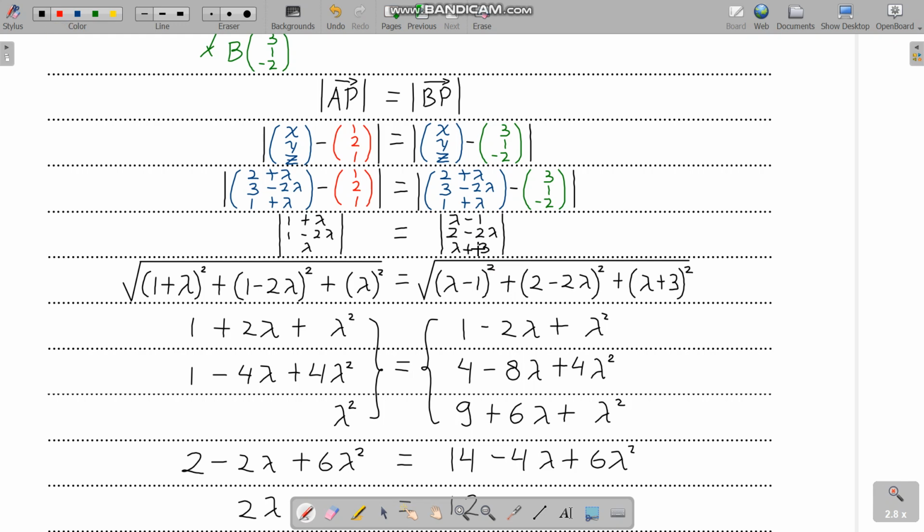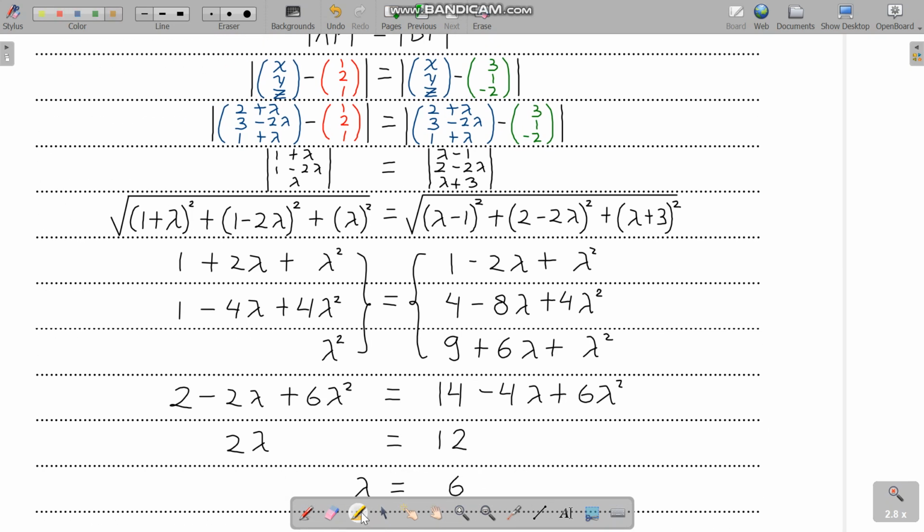Now we use the magnitude formula, the square root of the sum of the square of each component. So this squared, this squared, this squared, add everything. Same thing on the right.